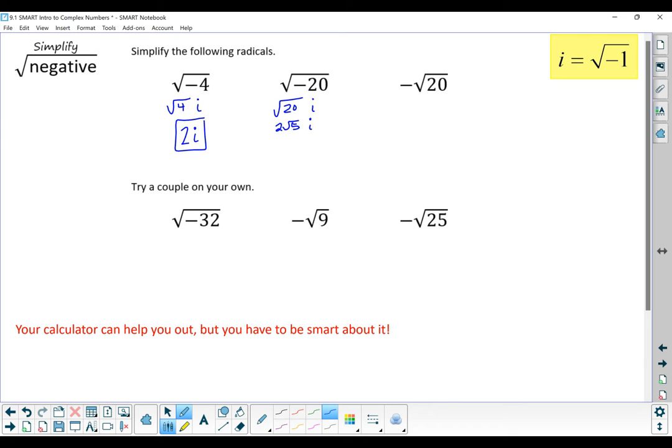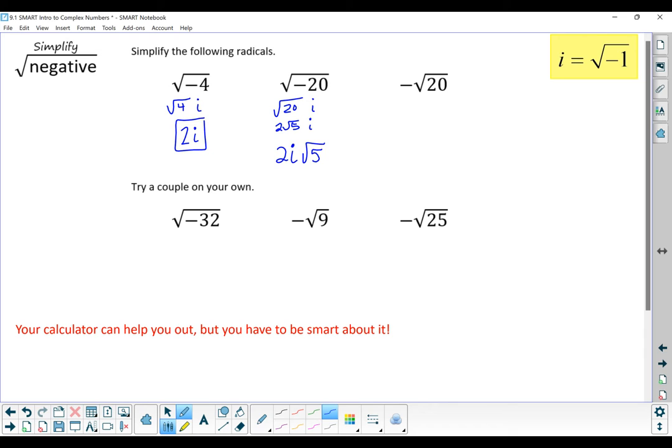However, mathematicians are not always notorious for their good handwriting, and you are not always notorious for your good handwriting. So unfortunately, writing 2 root 5 multiplied by i can get a little ambiguous. Like if you're writing fast, it sometimes looks like the i is underneath the root, or the i can start looking a lot like a 1. So what is more customary is to do the i with the 2 and then put the root after it.